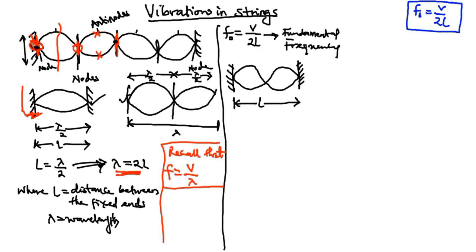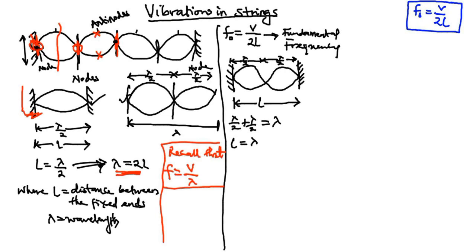What's the implication of that? It means that our lambda has also increased, because from here to here is lambda over 2, and from here to here is also lambda over 2. When you add lambda over 2 plus lambda over 2, you get lambda itself. So L is equal to lambda.